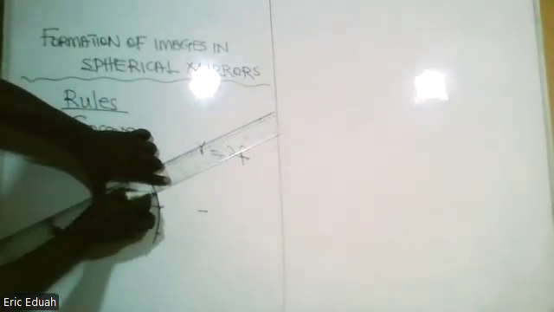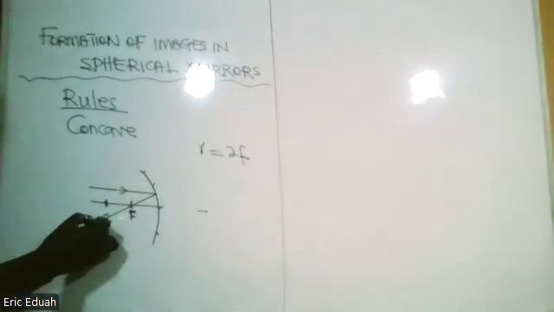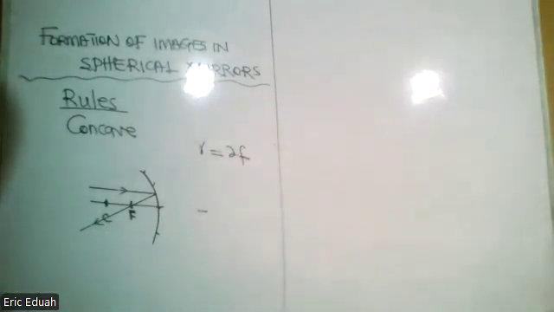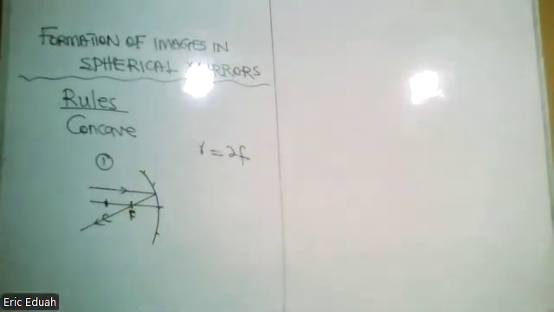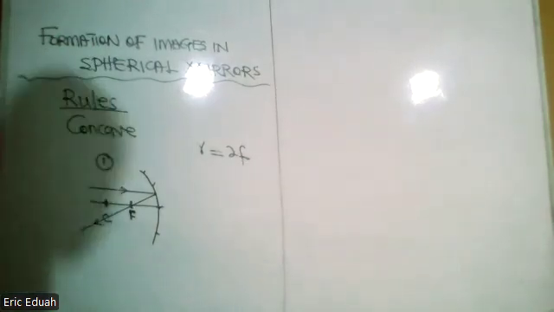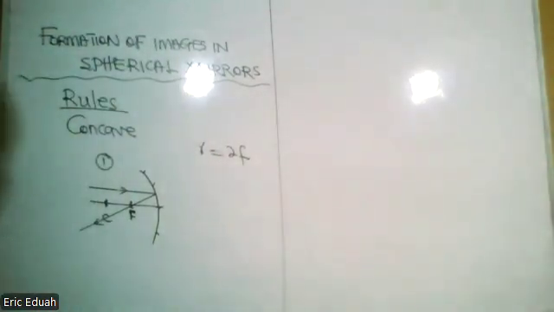After reflection, the reflected ray must pass through the principal focus. So this is the first rule. And the rays are always coming from the object.